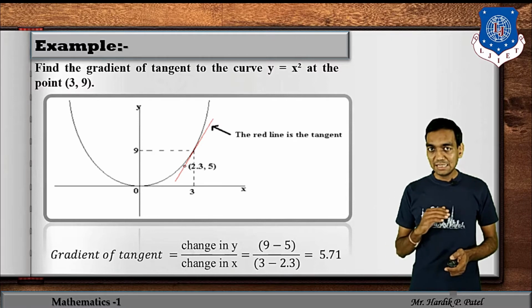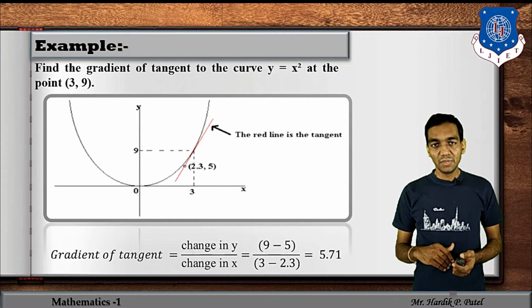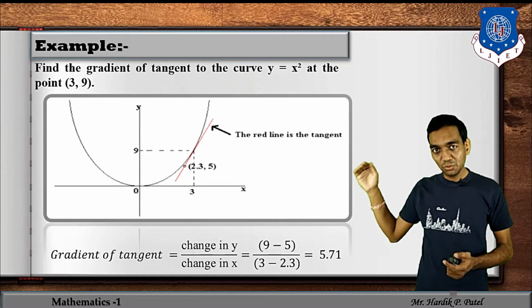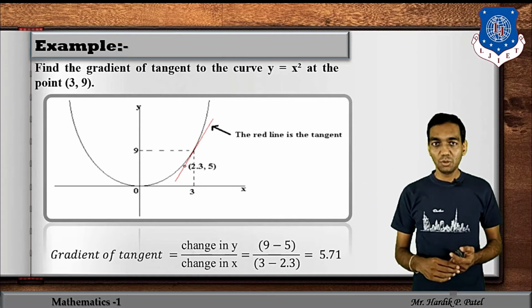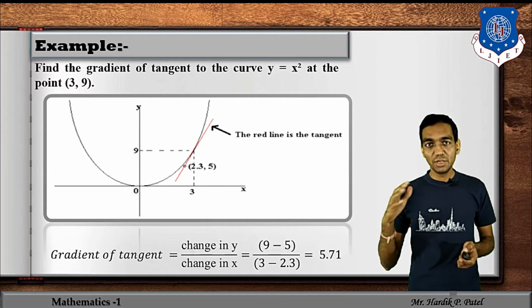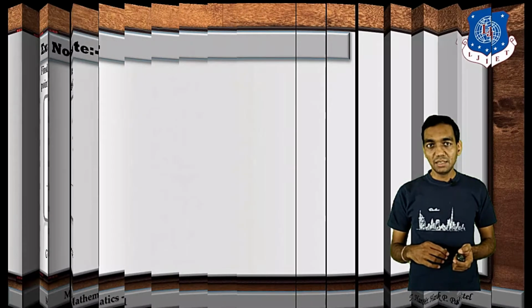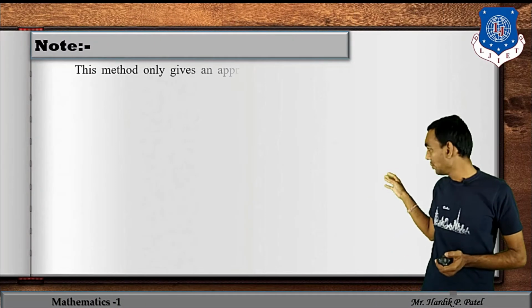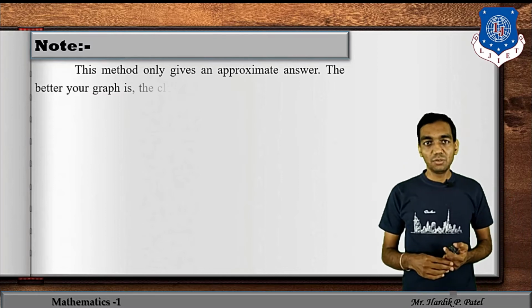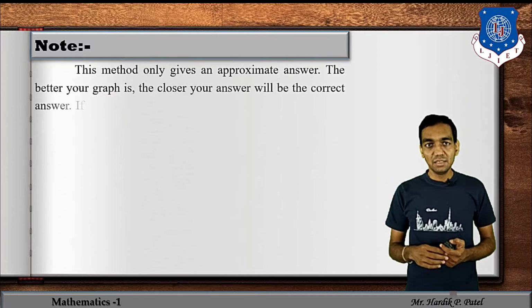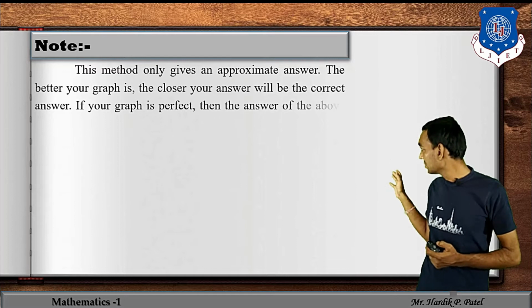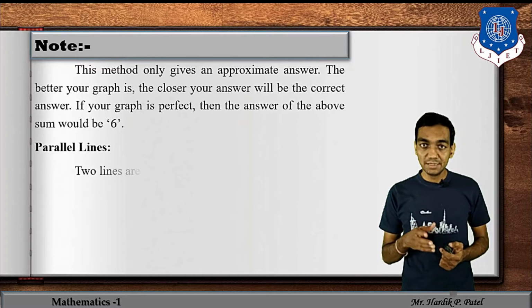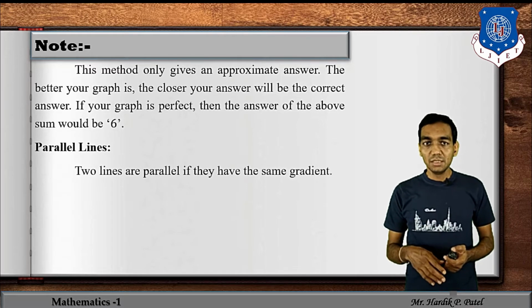Now see, this is not the exact value of the slope. As this point tends to your original point 3, 9, this value is going to be more accurate. And if you apply the simple method to find the tangent, then the perfect answer for the slope of the tangent is 6.